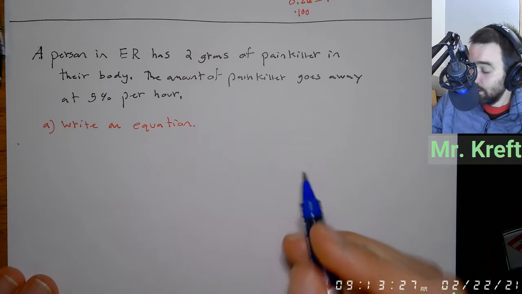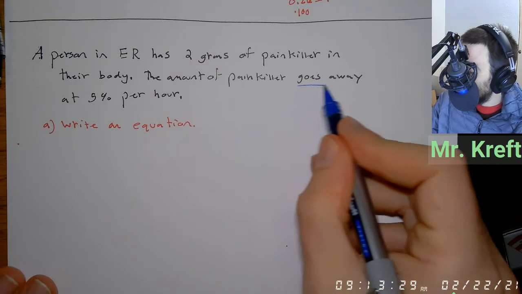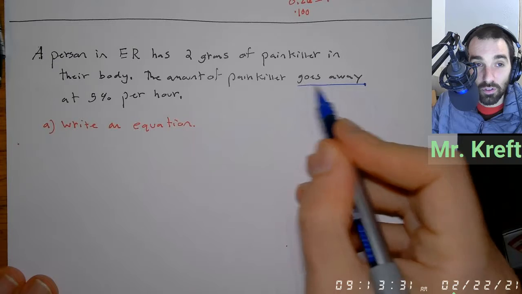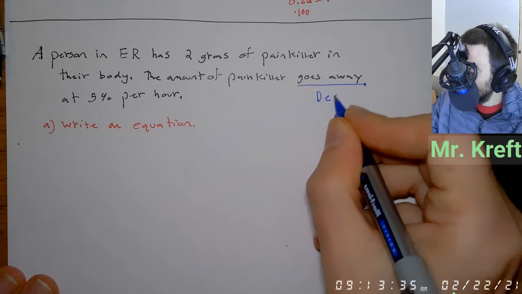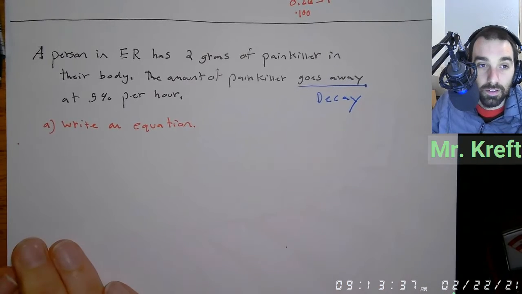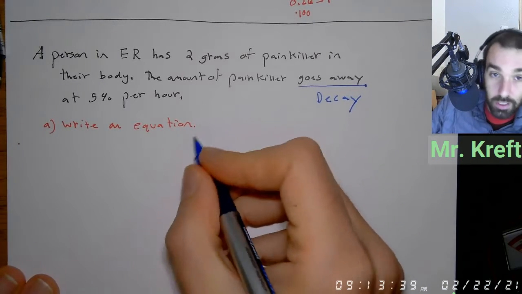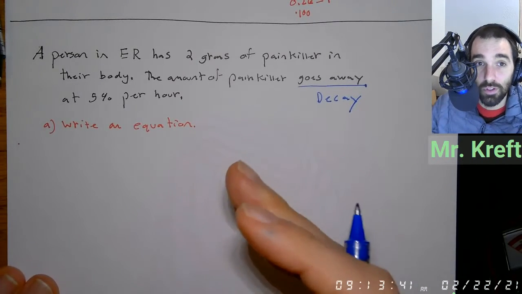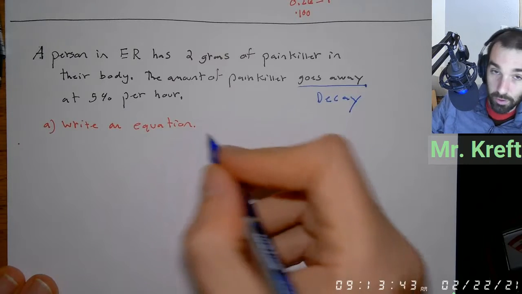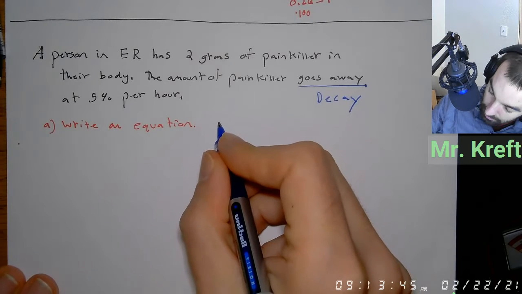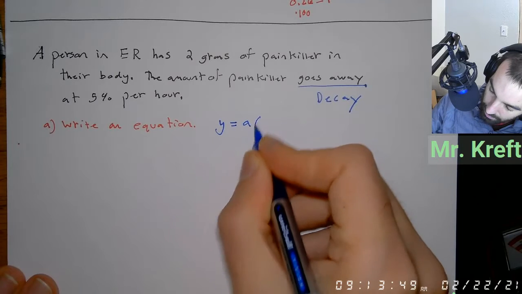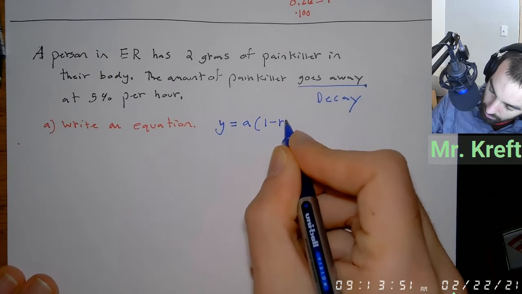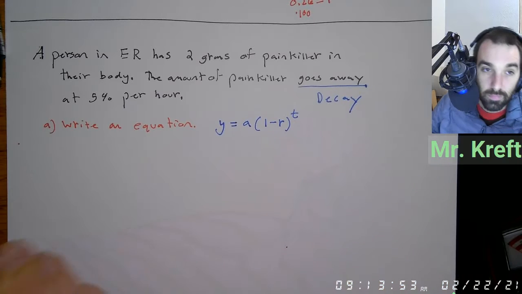Well, we're working with decay, because it's going away. In your notes, you remember there are two formulas, one for decay and one for growth. For decay, we have y equals a times 1 minus r to the t.